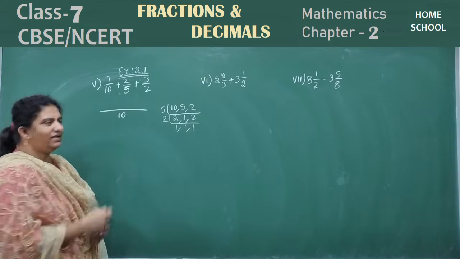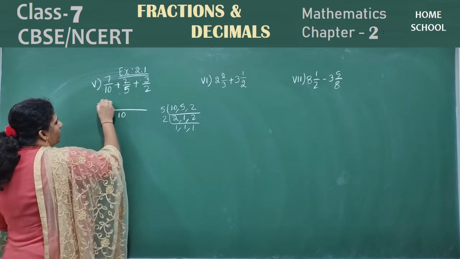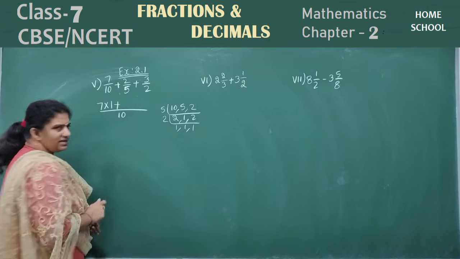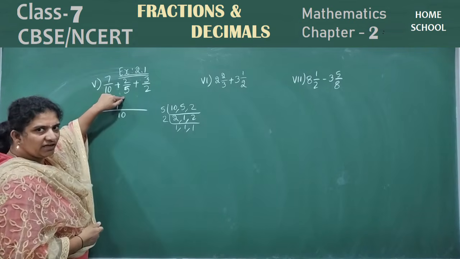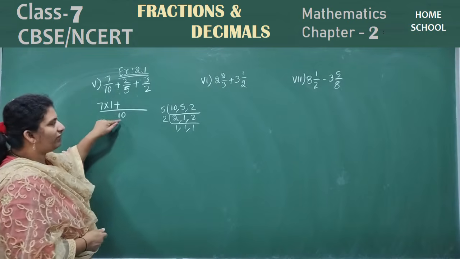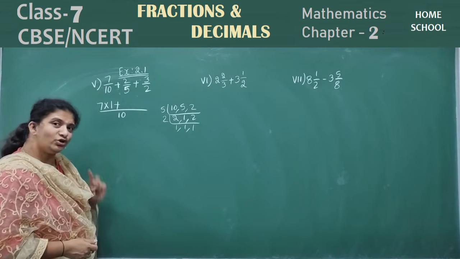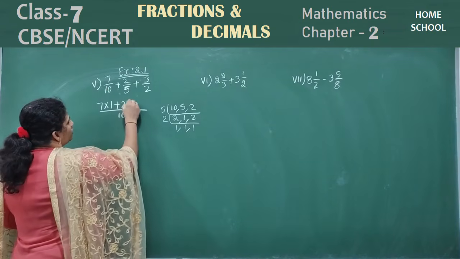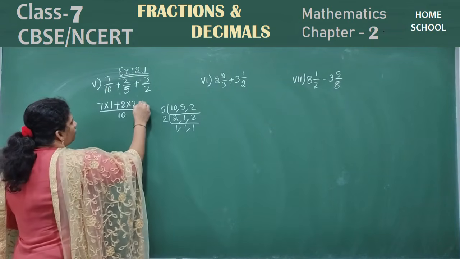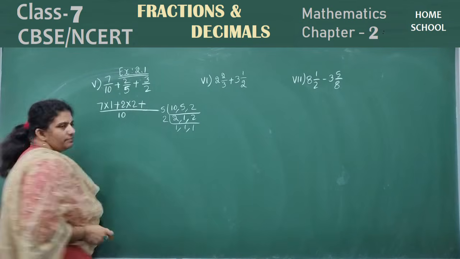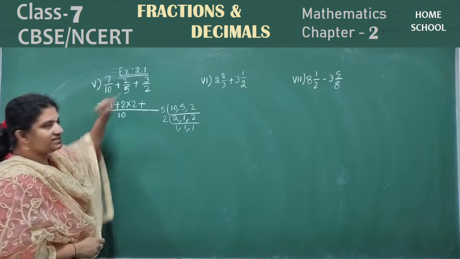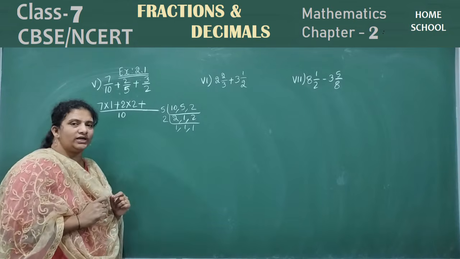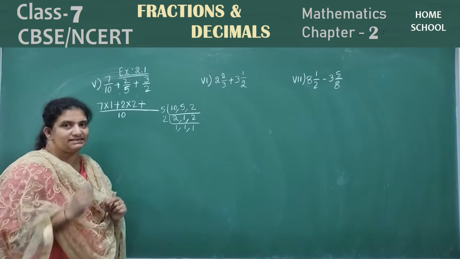In 10 table, where you will get 10? 10 1s are, right? That one multiply for the numerator. Take the sign what you have, plus. Again see the denominator. In 5 table where you get 10? 5 2s are, right? That 2 multiply for the numerator. 2 into 2. Plus, you have a plus sign here, right? Observe carefully what we are doing in order to do the LCM.